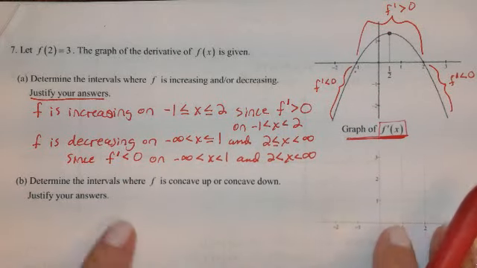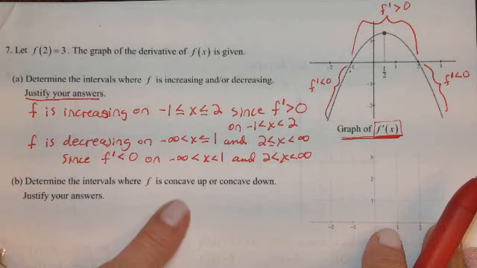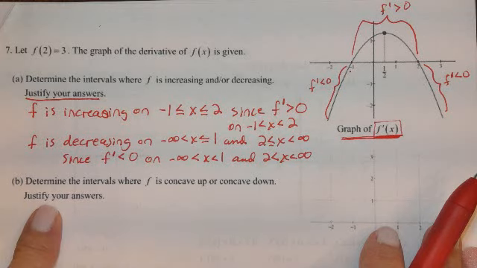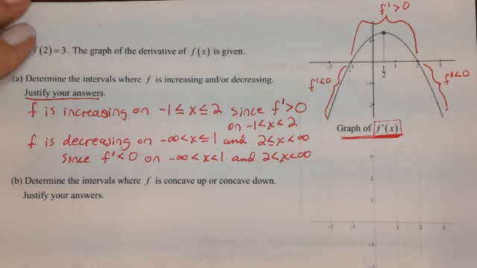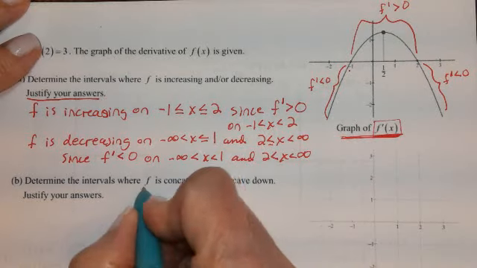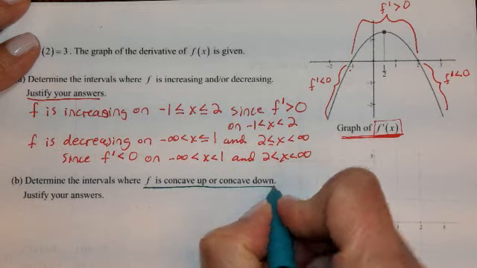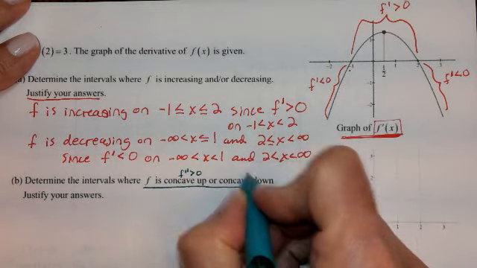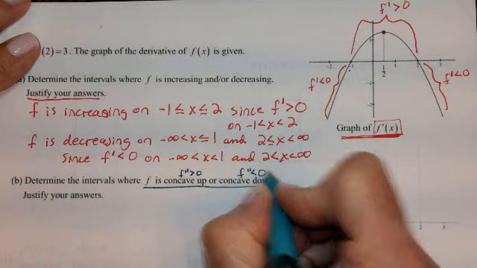All right. Part B, determine the intervals where f is concave up or concave down. And again, we have to justify. Okay? So, here's my thought process. F is concave up or down when f double prime is positive or f double prime is negative.